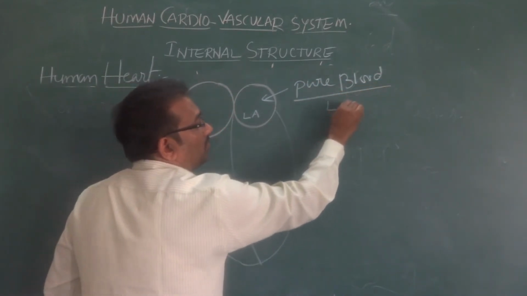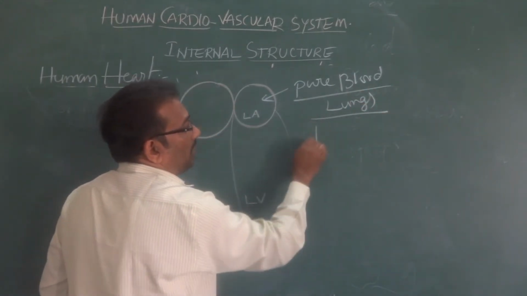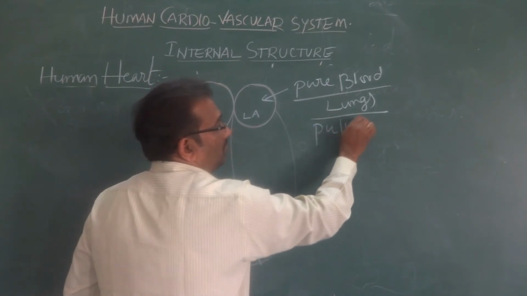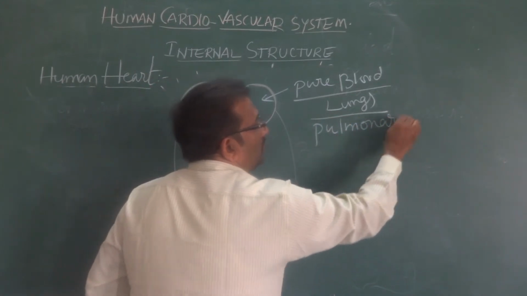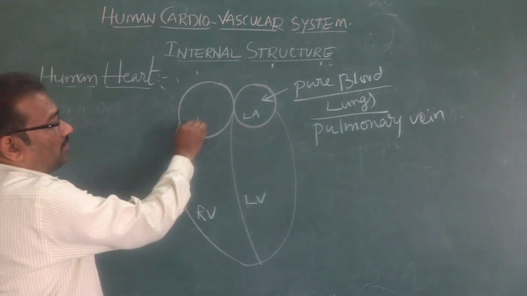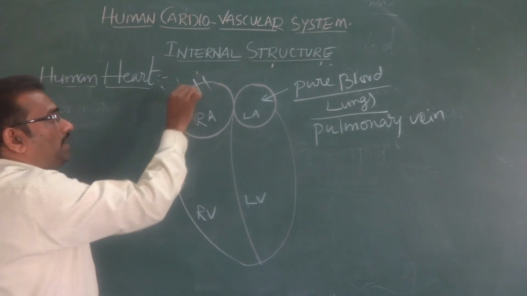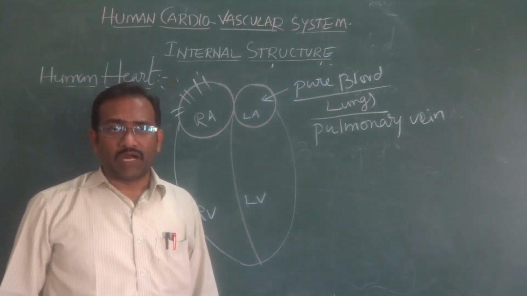from the lungs by pulmonary vein, whereas right atria receives blood from three different parts.